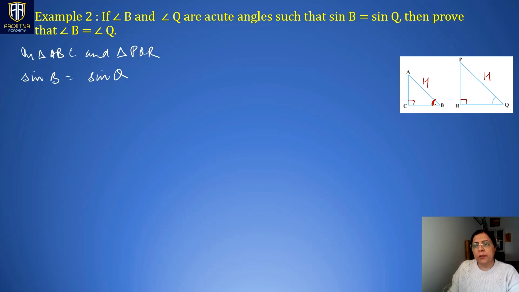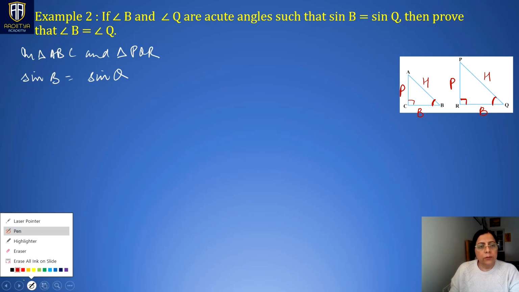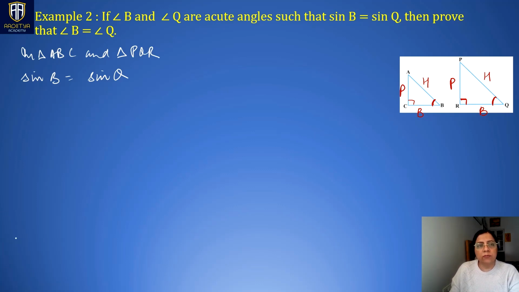So if angle B is between AB and BC, AB is hypotenuse, BC has to be base. AC becomes perpendicular automatically. Same is the case in the second. If we are taking ratio about angle Q, this has to be base. This becomes perpendicular, right?